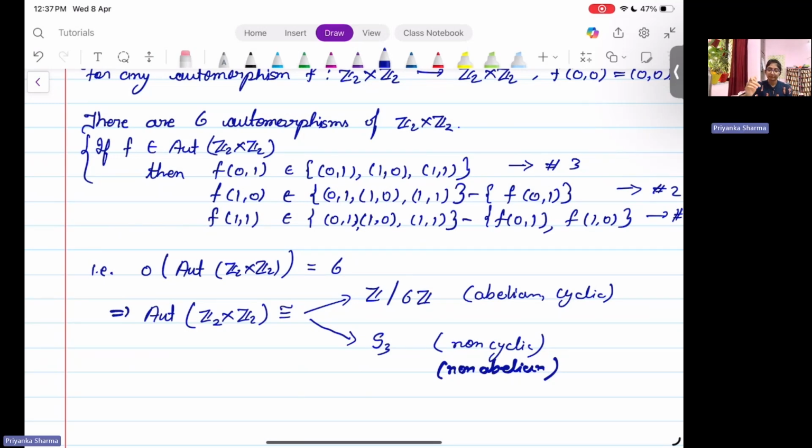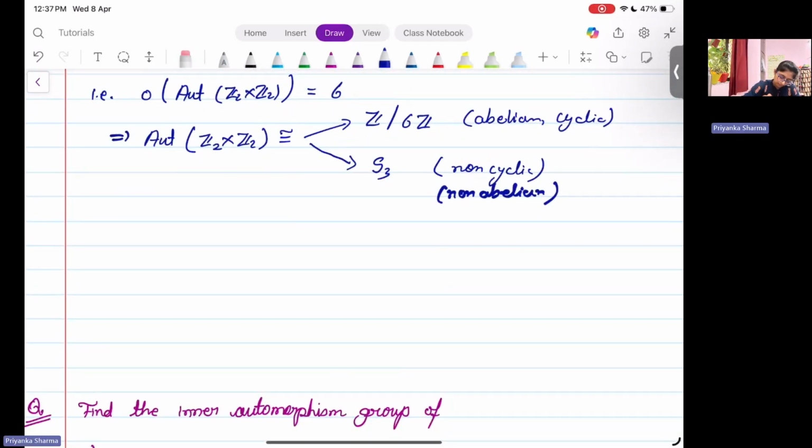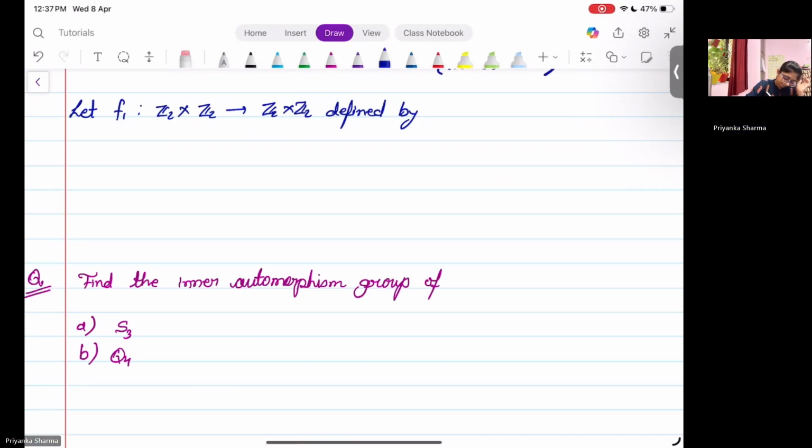So, consider two automorphisms. Take F1 from Z2 cross Z2 to Z2 cross Z2 defined by F of AB is 0, 0 if AB is 0, 0.